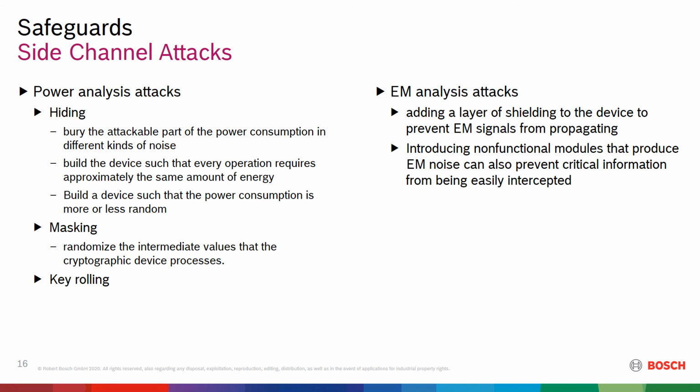The safeguards against power analysis attacks are: you could bury the power consumption in different kinds of noises. The idea being making it harder for the attacker to extract useful information from the power traces. You could also build a device in such a way that it consumes the same amount of energy, or the power consumption of the device is more or less random.